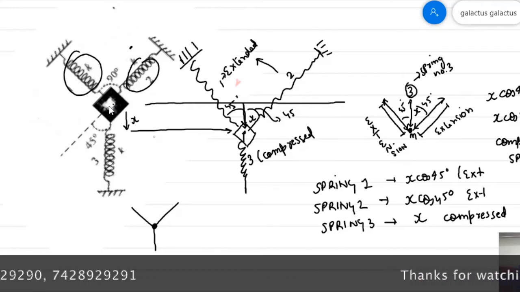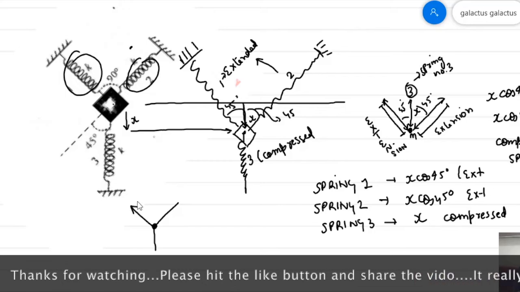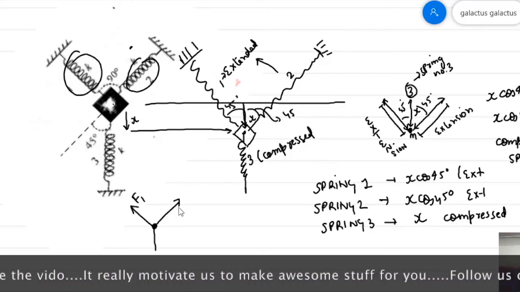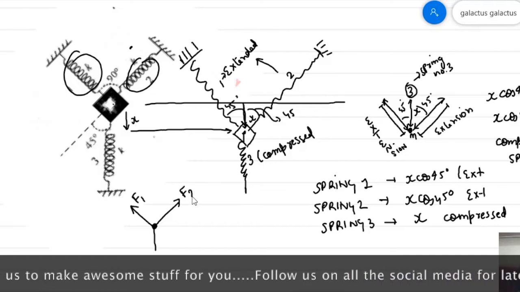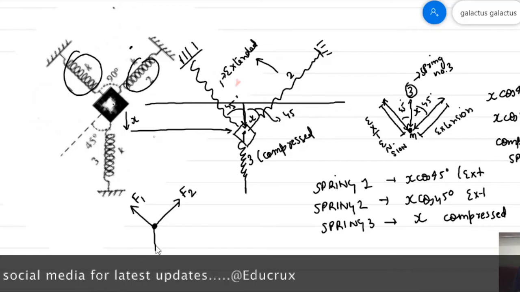So when the system regains its original length, the restoring force will act in this direction due to spring number 1, in this direction due to spring number 2, and in this direction due to spring number 3.